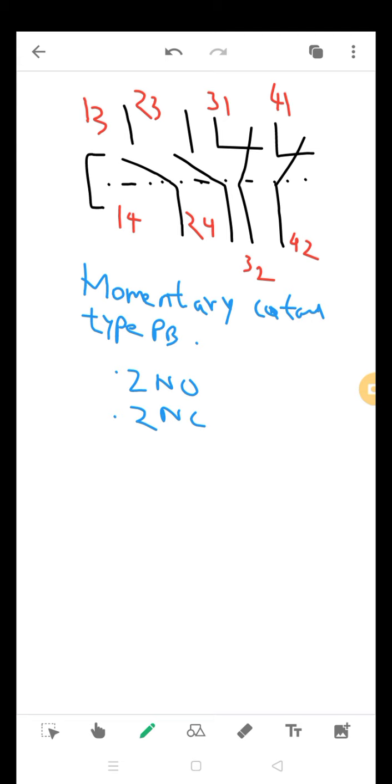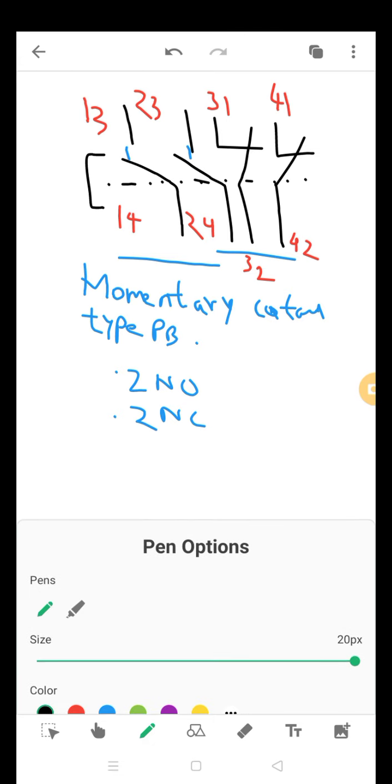These two are the normal open positions, and these two are the normal closed positions. From the diagram you can understand there is no contact between these two positions, so these are normal open.